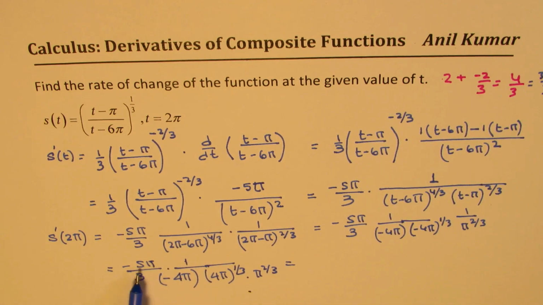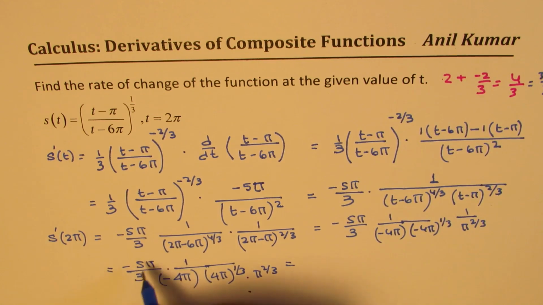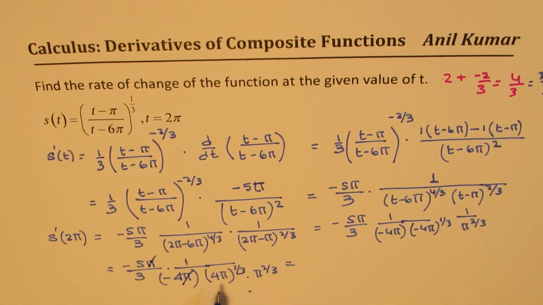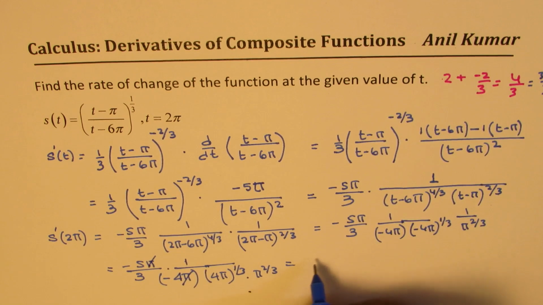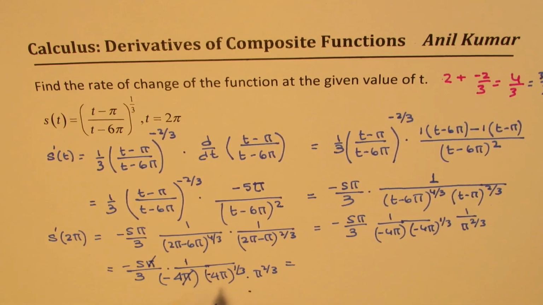Let's write down the powers of pi first. So as far as pi is concerned, we have the power of pi as 1 minus 1, that gets cancelled, correct? And here we have 1 over 3 plus 2 over 3, which is 1, correct? So we get, and this minus, this is also minus. One of these minus signs, they get cancelled.